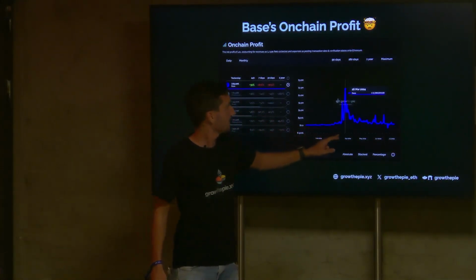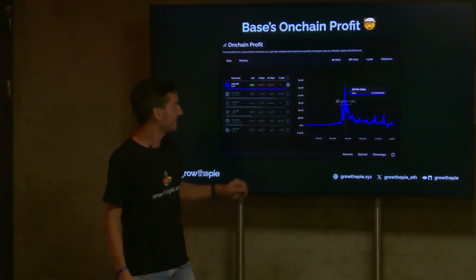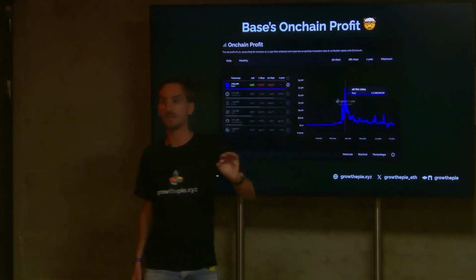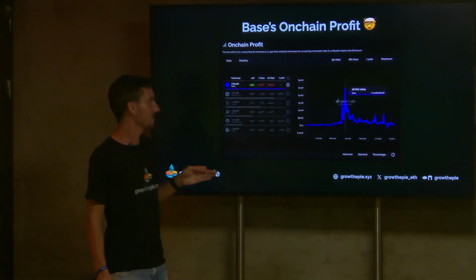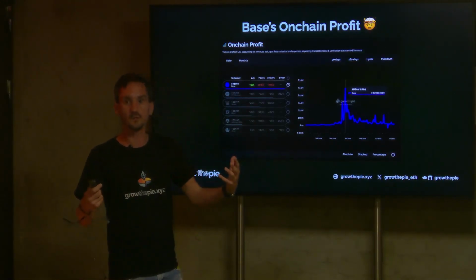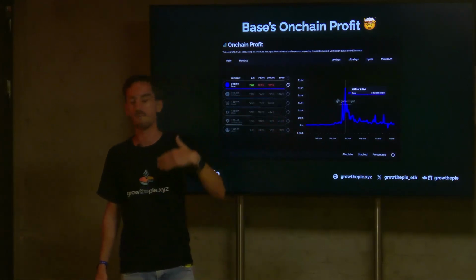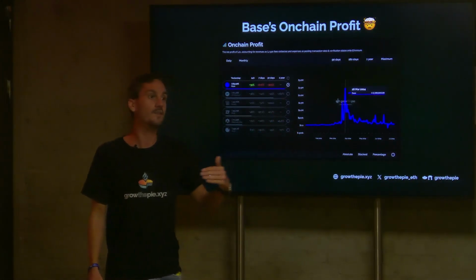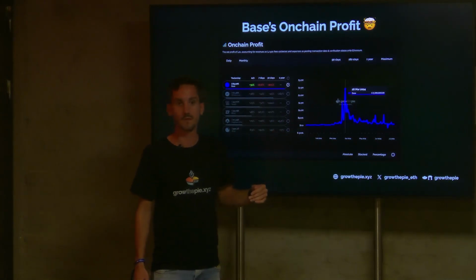Because Base, for example on the 26th of March, made $2.3 million in on-chain profit just on that day. So that means once you have enough users and enough throughput, Base can accommodate many more transactions and, even though the fees are cheap, make a good profit, right?